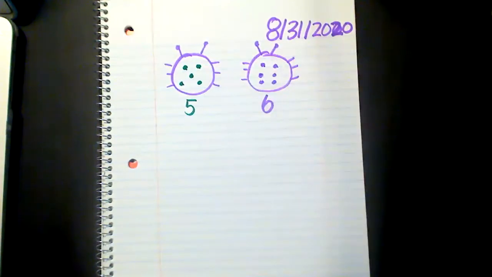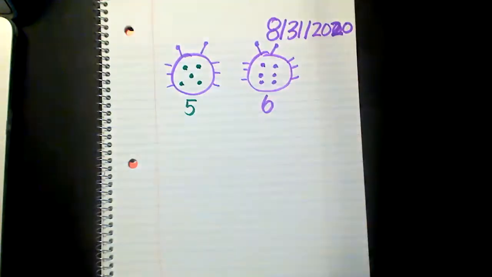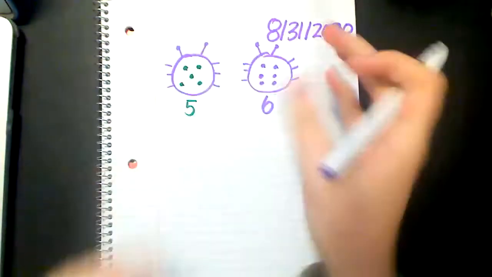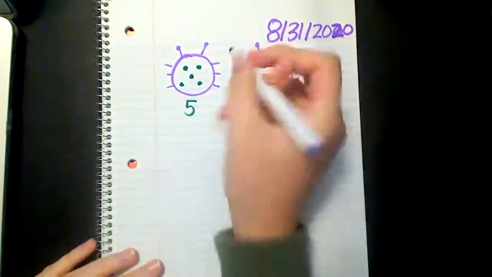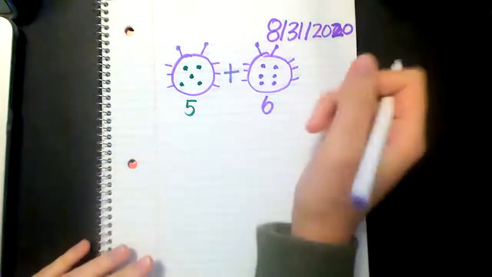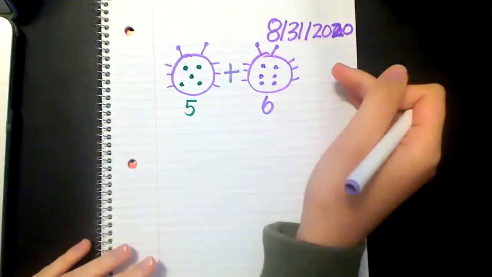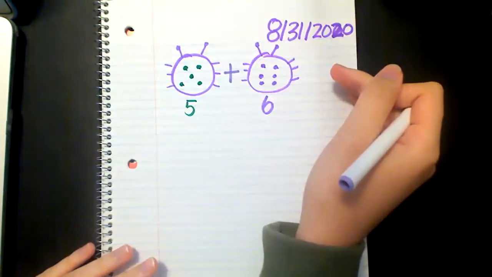And then I did one extra step additional, and I asked the students to combine the dots, so put them together. And that is called addition. So it's a little bit more than what the assignment was asking, but it's a very good introduction to what we will be doing very soon.